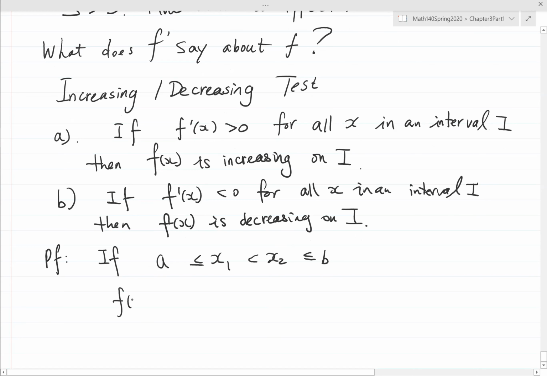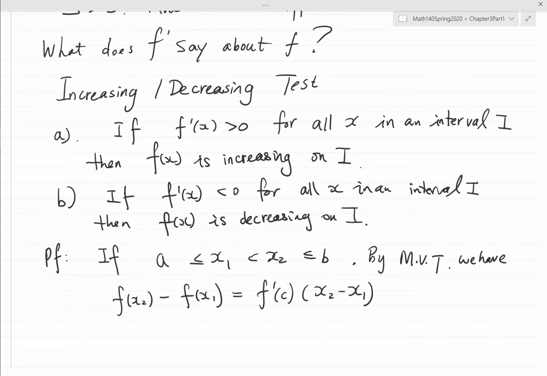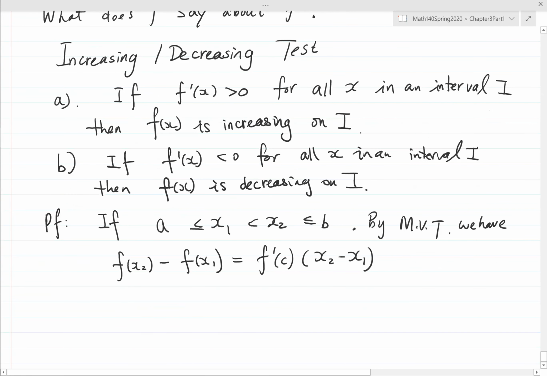Then we have f(x2) minus f(x1) by the Mean Value theorem, which gives f derivative at c times (x2 minus x1). Here you need to check that the Mean Value theorem applies. The derivative exists everywhere, so the function is differentiable, and differentiable implies continuous. So the function satisfies conditions 1 and 2 of the Mean Value theorem, and we can apply it.